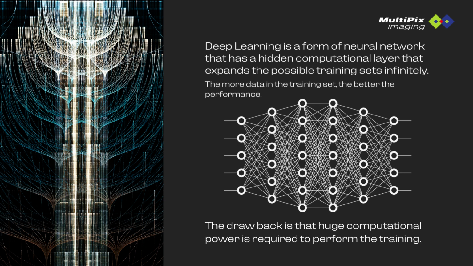And as it says here in the second paragraph, the more data in the training set, the better the performance. But of course, the drawback is the more data you have, the more computational power is required. We quite often find that deep learning classifiers need extremely powerful PCs or host machines to process these things. It could take days or even weeks to process the sheer volume of data. So that's really the drawback of deep learning, but it's hugely powerful.